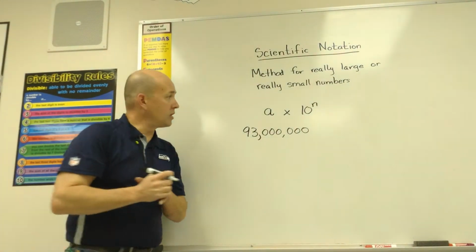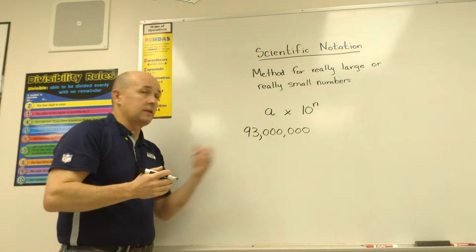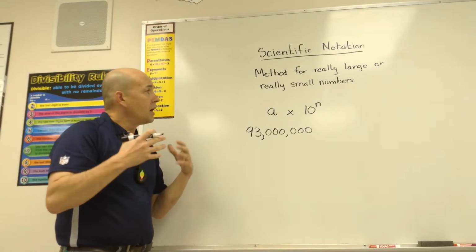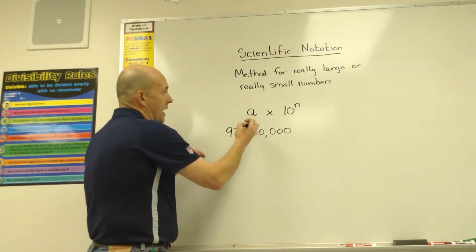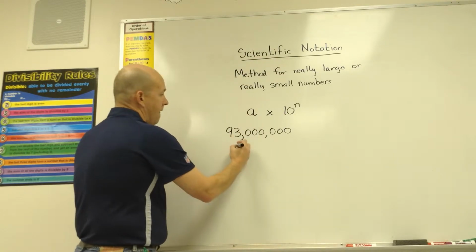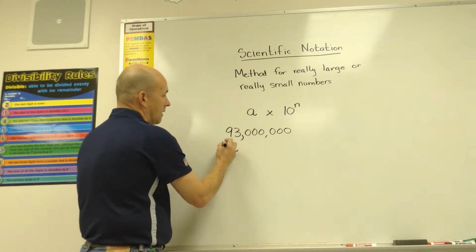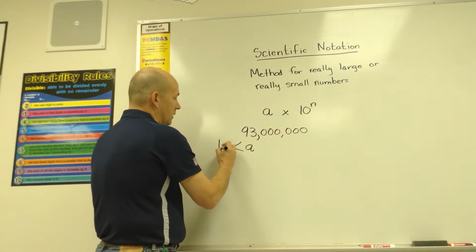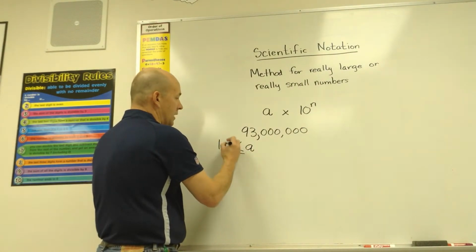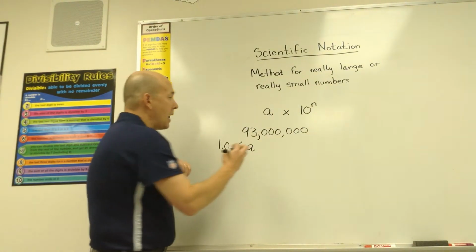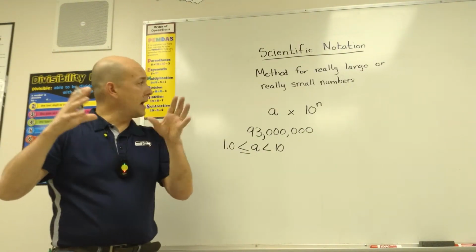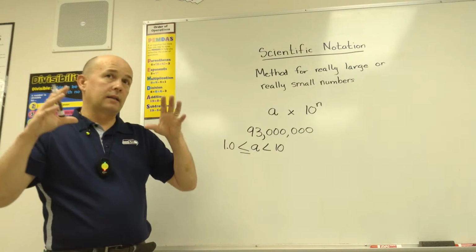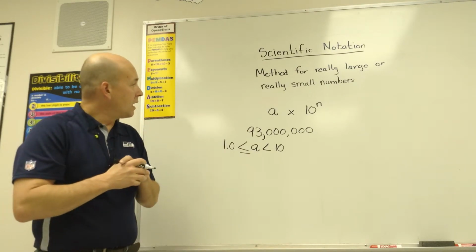That number we can make sense of, but in science, we want to have a number A where A is greater than or equal to 1 and less than 10. In other words, we're going to make it a number that we can make sense of.